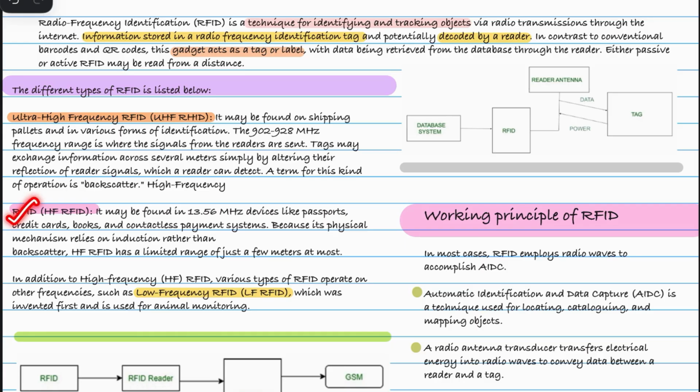Then we have high frequency RFID. So this is what you carry in your pocket. It is found in passports, in modern credit cards, and unlike ultra high frequency, it does not use backscatter. Alright, it relies on NFC, near field communication.